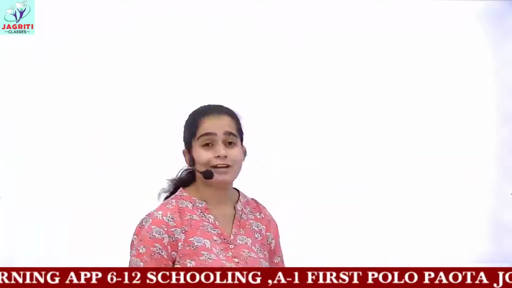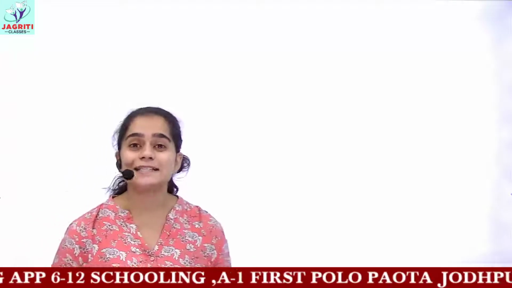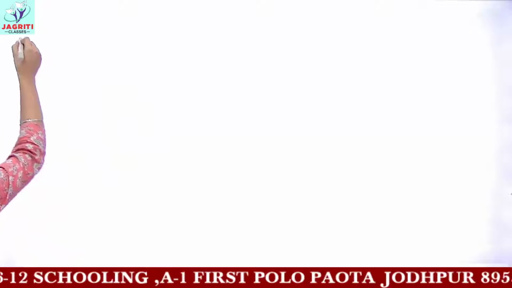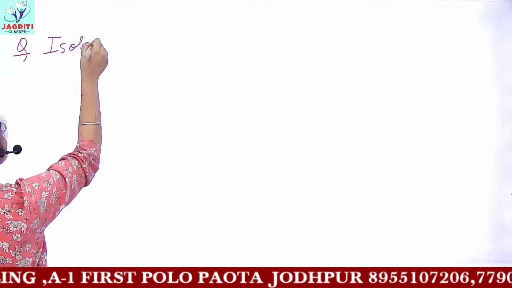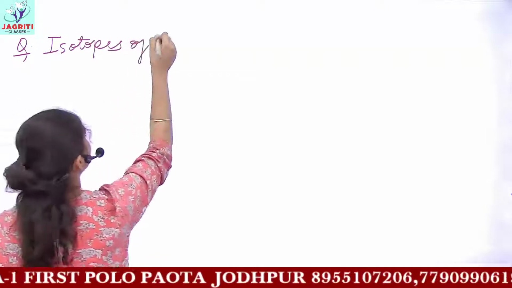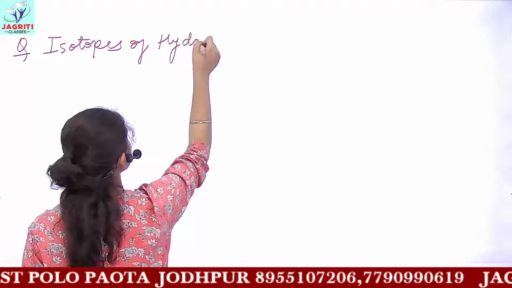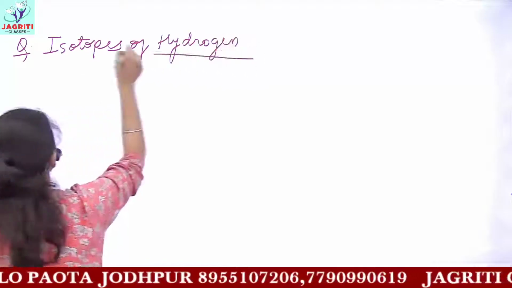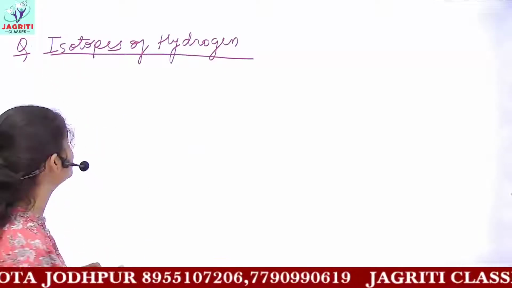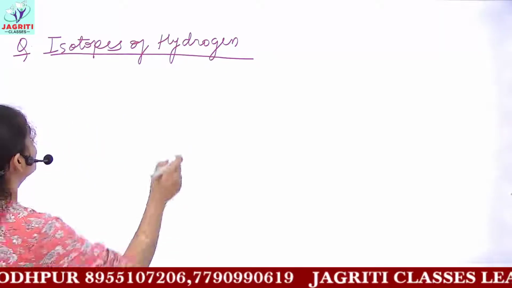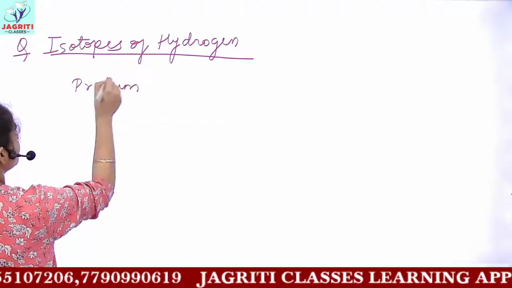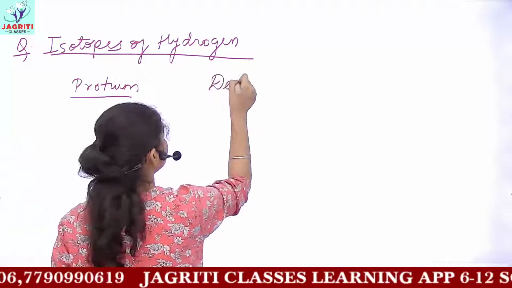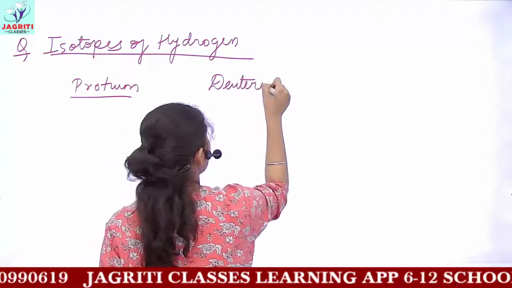Next, what is given in your books and what is frequently asked in examinations is a question about isotopes of hydrogen. So you should know about the isotopes of hydrogen. Again, we have three isotopes of hydrogen, which are named differently: protium, deuterium, and tritium.